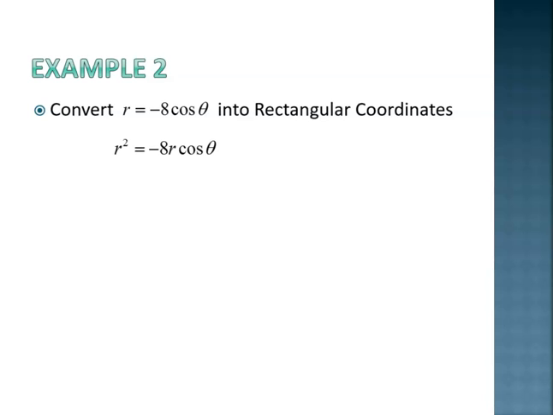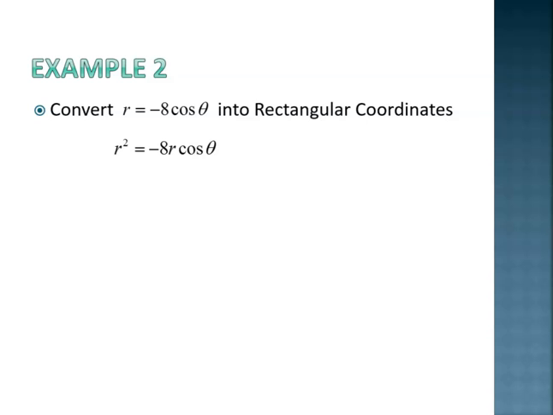So we can work with r squared equals negative 8r cosine theta. And this allows us to also not have to deal with the square root on the left, right? On the left, if we were to replace r, it would have been the square root of x squared plus y squared. But now that we have r squared, we don't have to worry about a square root. We can just replace that with x squared plus y squared.